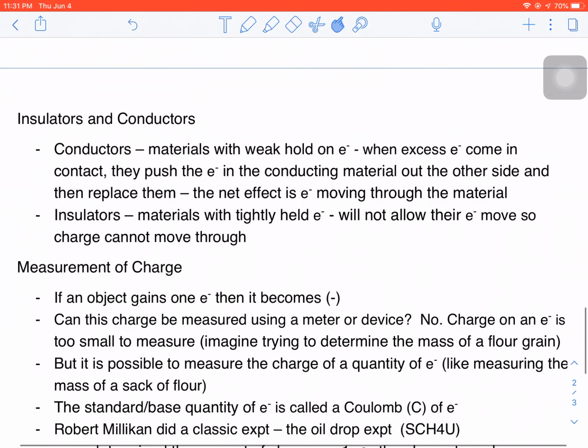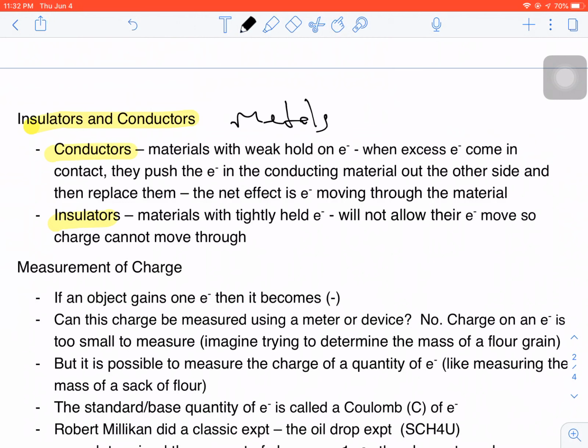We talked about, again in grade 9, 2 different types of materials, those that conduct electricity and those that do not conduct electricity. Our conductors are typically metals, because metals typically have a weak hold on their electrons.